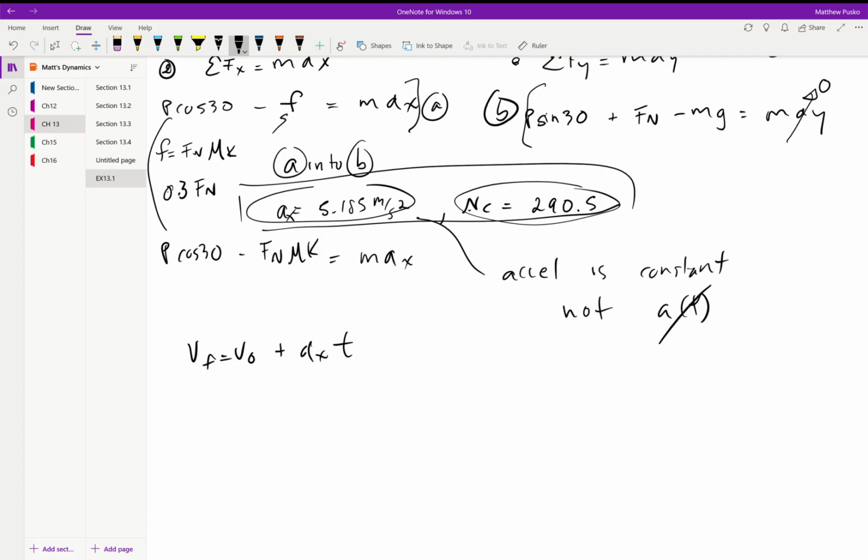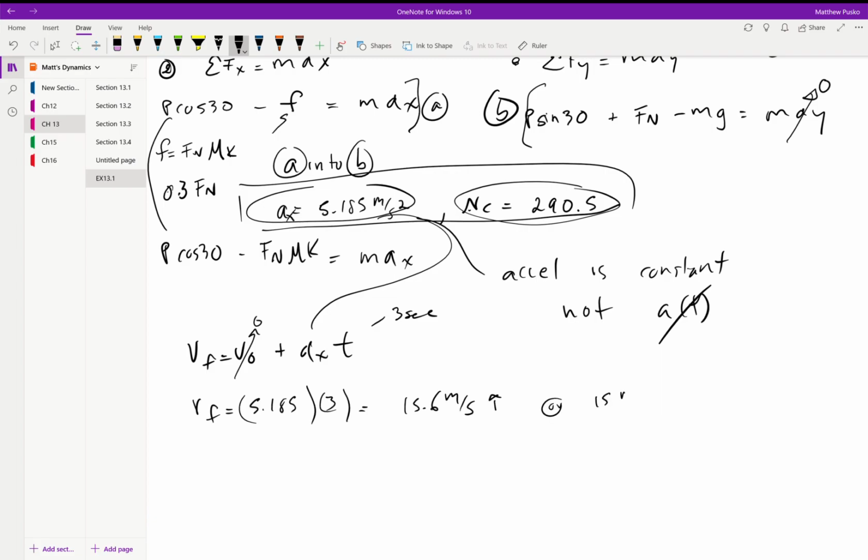They wanted to know after 3 seconds, so we can plug in our acceleration. It started from rest. V final is just going to be equal to 5.185, that's the acceleration, times the 3 seconds. And I get 15.6 meters per second to the right.